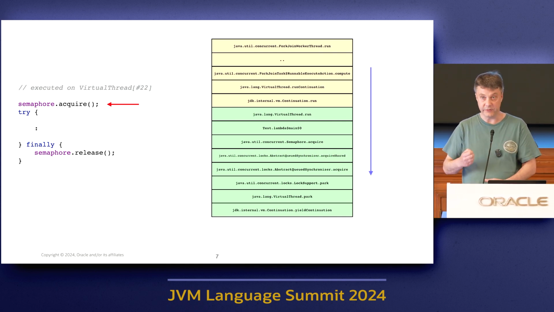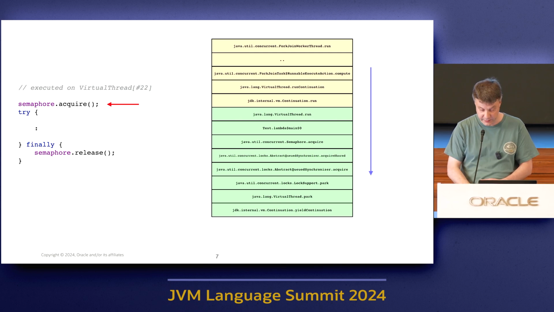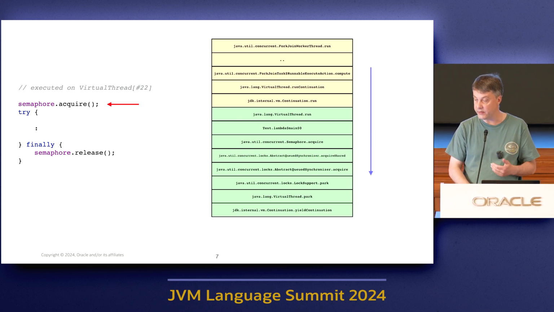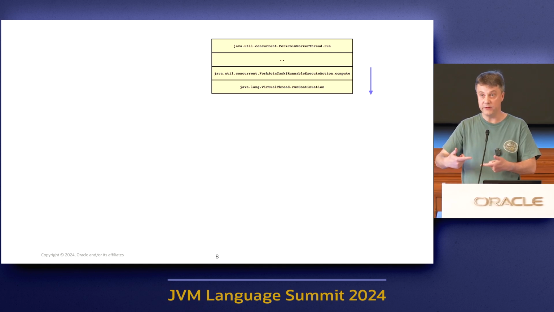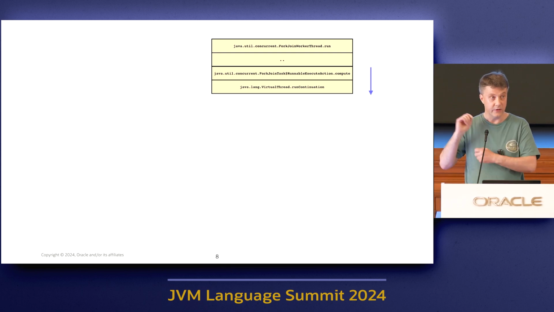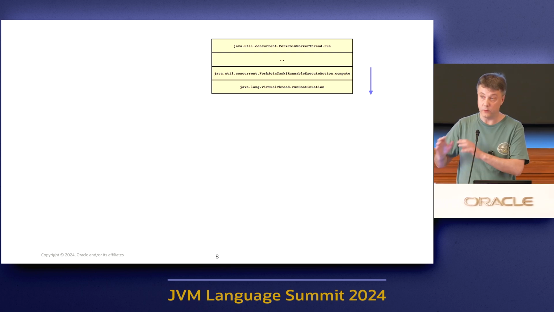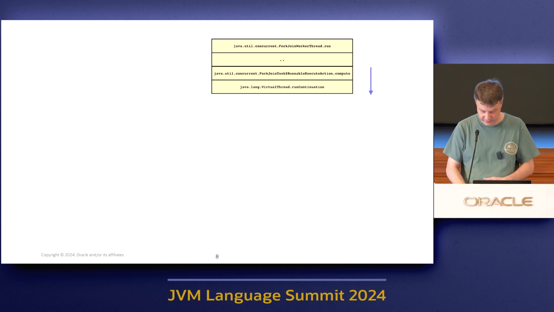When a virtual thread attempts to park, that causes a yield on the continuation. And this is where the magic happens: the stack frames get copied away over into the heap. In VM terms, this is a freeze operation. As I said, Ron's presentation from last year has all the gory details and magic that make this really, really efficient, because we're not copying all of the stack frames all the time.